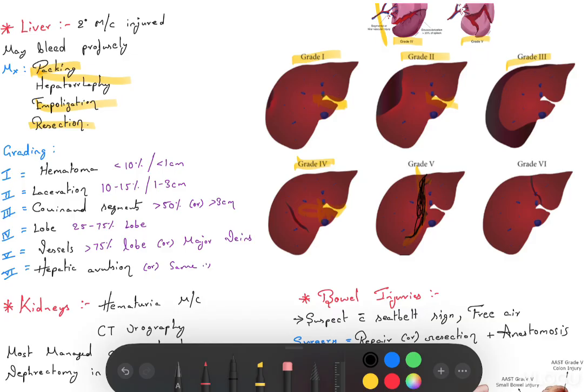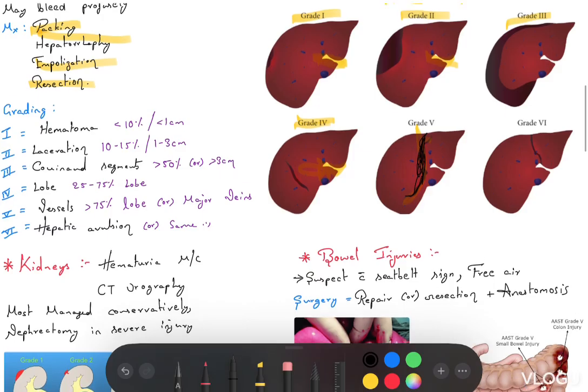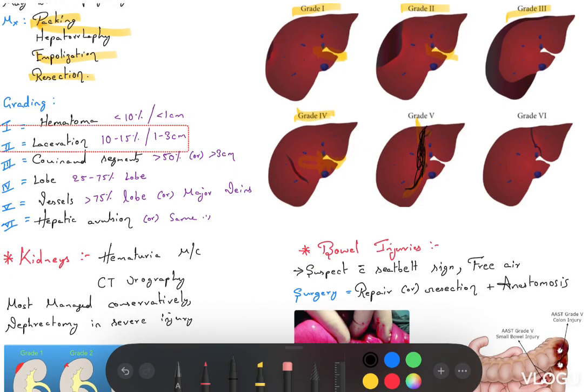Okay, so in severe injury cases we have to do Pringle's maneuver along with packing, embolization and operative repair. In liver surgeries Pringle's maneuver is very important. What does it mean? Pringle's maneuver is a temporary occlusion of the portal triad inside the hepatoduodenal ligament.